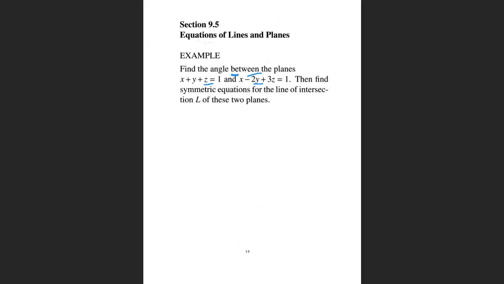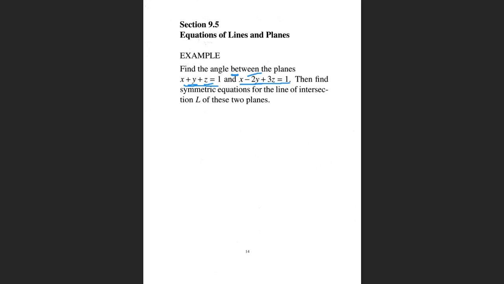The dot product. That's right, Lexi. The dot product is so, but to do the dot product, you need to have two vectors. Well, these planes, the equations of the planes, based on the equations, we can identify normal vectors to each plane.